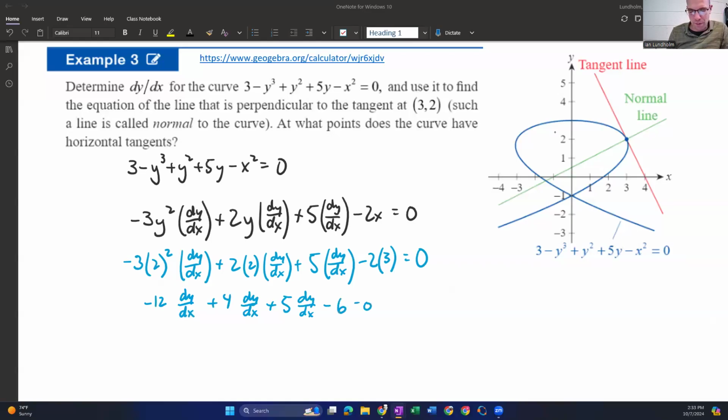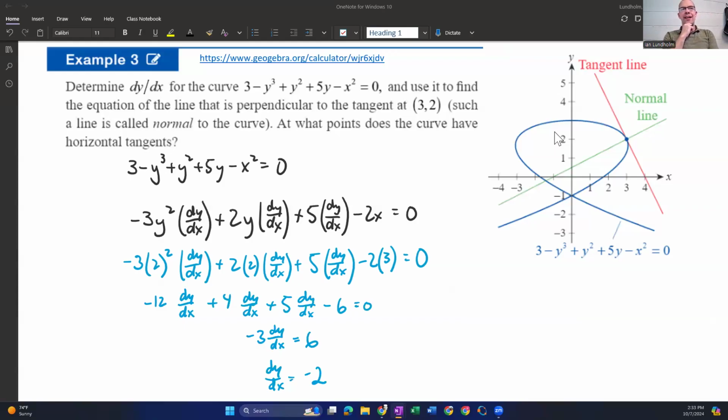And so we can solve for dy/dx maybe easier now. If we combine the like terms here, we've got +9 but -12, so that's a -3 dy/dx. And I can add 6 to both sides. And so dy/dx should be -2 if we divide 6 by -3. -2, that's better.